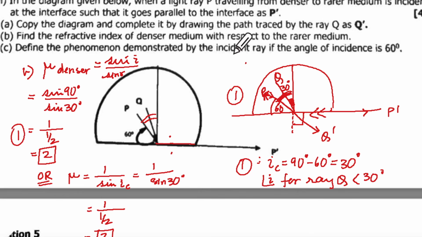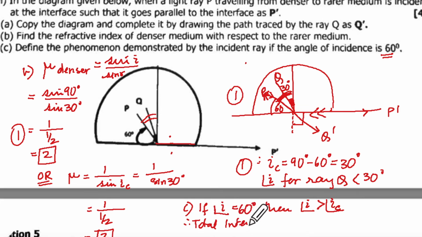Define the phenomenon demonstrated by the incident ray if the angle of incidence is 60 degrees. Total internal... Angle of incidence 60 degrees means it's going to be more than the critical angle. So if angle i is equal to 60 degrees, then angle i will be greater than the critical angle and therefore it will be total internal reflection.